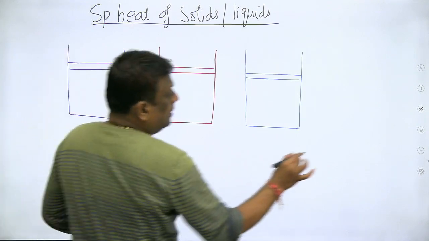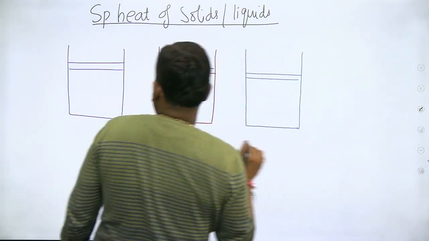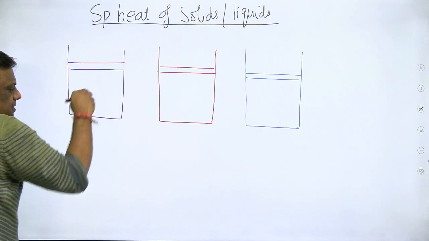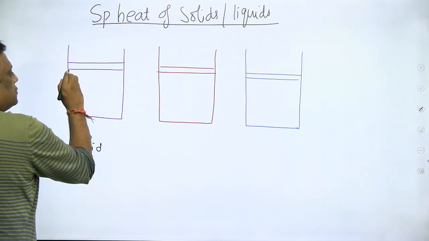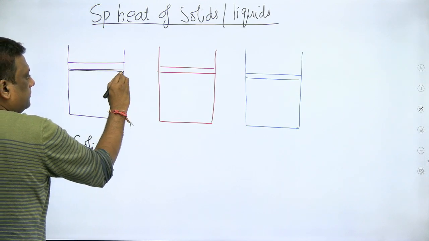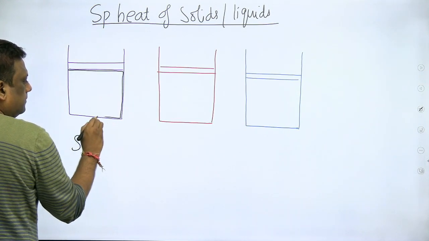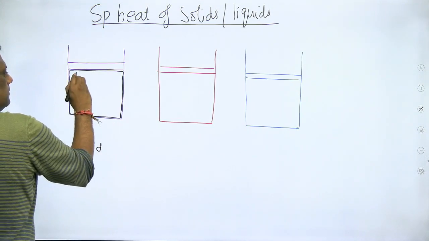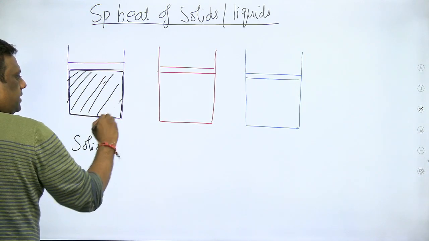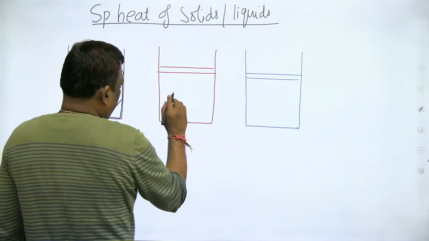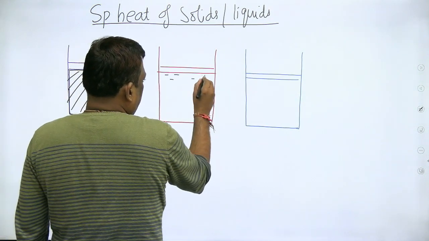Right. Now what we do is, in this I have taken a solid. ये सारा सॉलिड है, देखो, this is all solid. This is complete solid. Now, in this, we have taken a liquid.